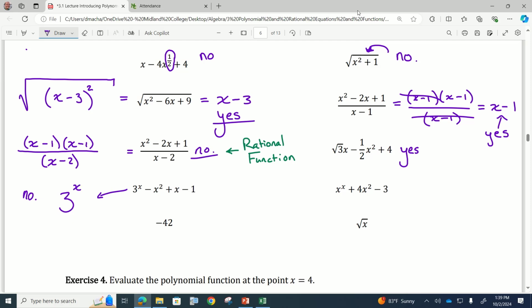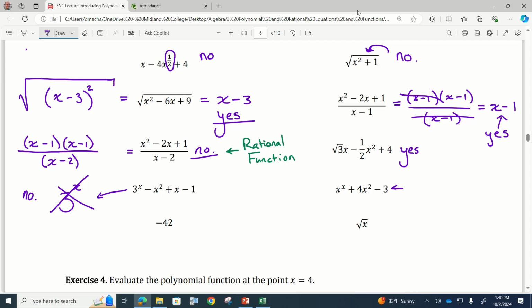And the reason is because this term 3 to the x, you cannot have 3 raised to the power x. The only thing you're allowed to have for polynomials is x raised to a natural number power. And this doesn't fit the description, and so this is not a polynomial.